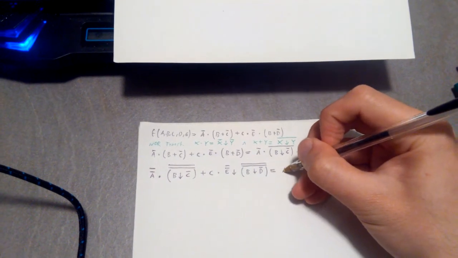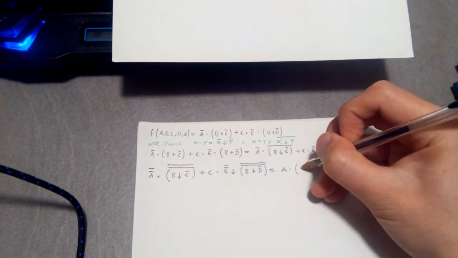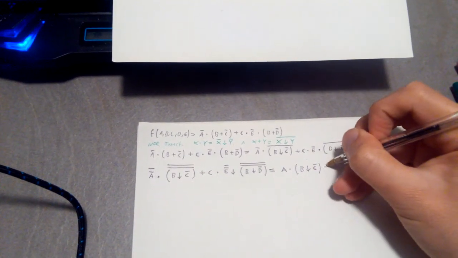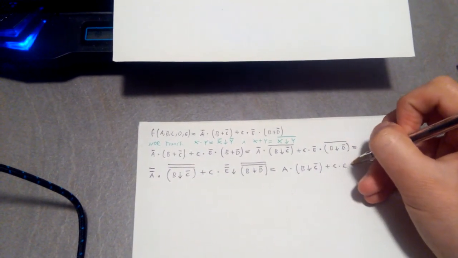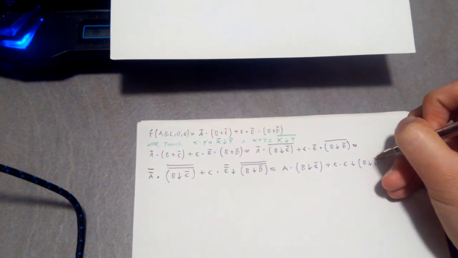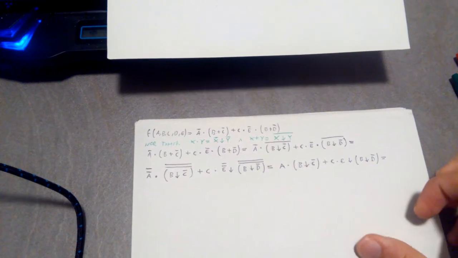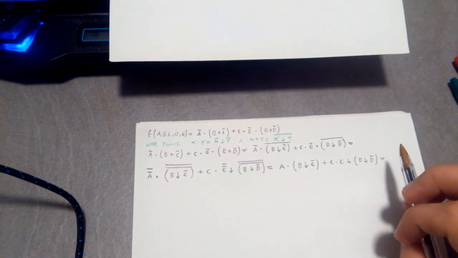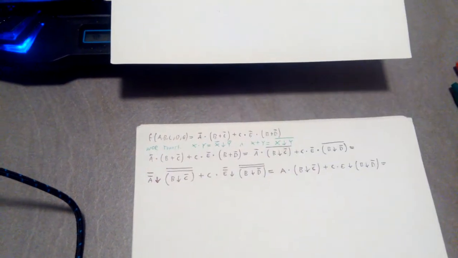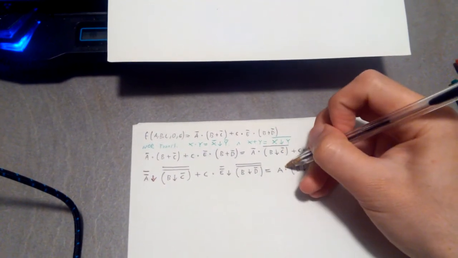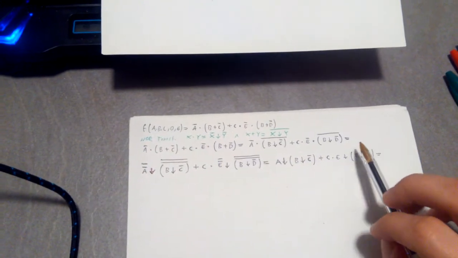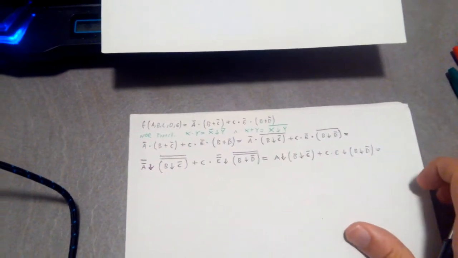So we have a times b arrow down c naught, plus c times e arrow down b arrow down d naught. Oops, this one should really be the arrow, because I negated this. Okay, I said it, but I didn't write it.